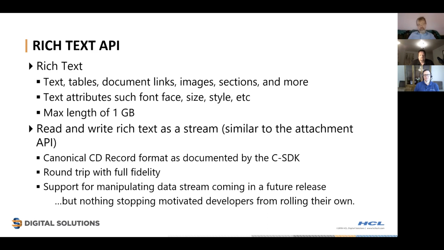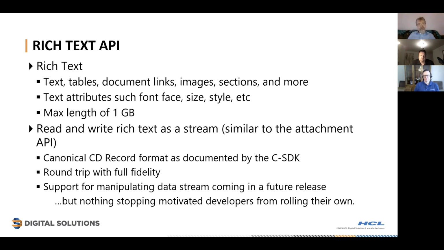It may rearrange a little bit as far as the item structure goes, but it essentially does not touch the data. The bad news is you really can't do much with it at this point. The use cases are a little bit limited. So we will be adding support in a later release for manipulating actual rich text data on the stream.